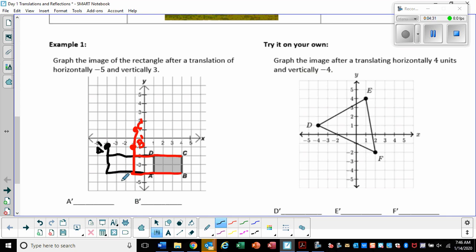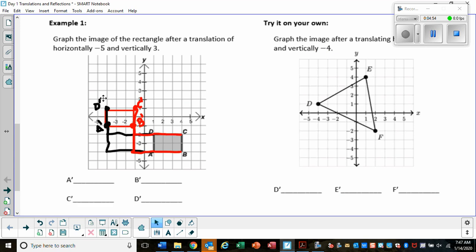Okay. And I'm going to do the same thing with D. So I'm going to go up 1, 2, 3. Right here. And I'll just write D apostrophe. Okay. So now I can go ahead and connect those dots, and that gives me my image. Okay?